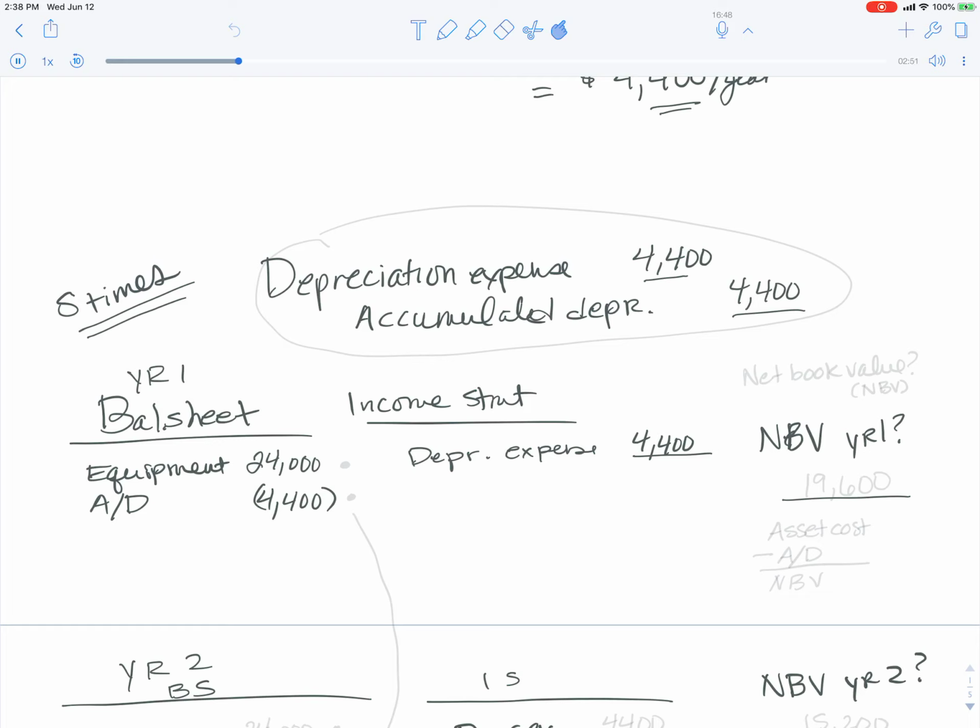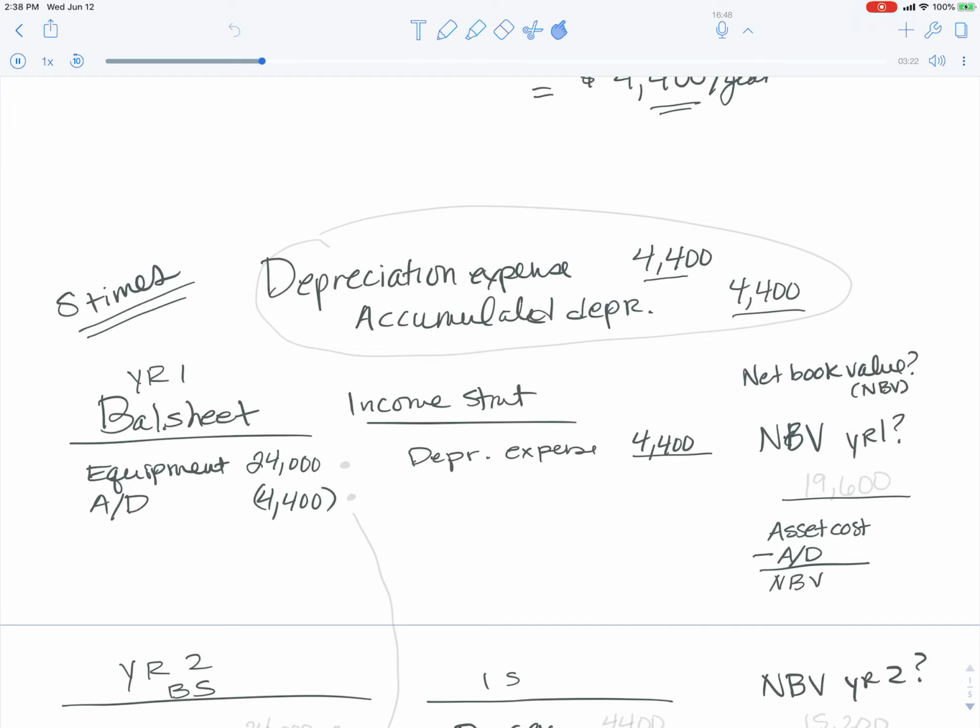Okay? So one concept I want you to know at this point is what is the net book value of the asset after we've depreciated it one time. I like to abbreviate that as NBV. So the net book value is going to be the asset cost minus the amount of accumulated depreciation up to that point.